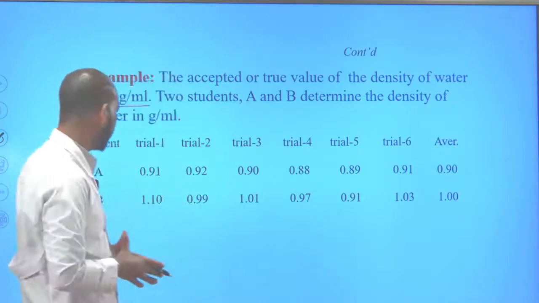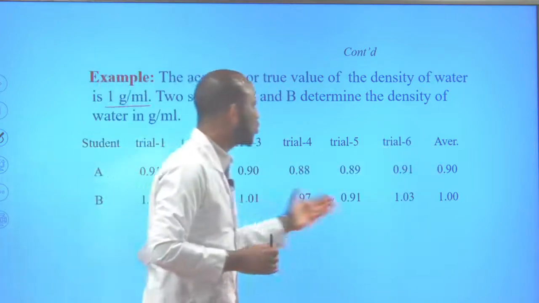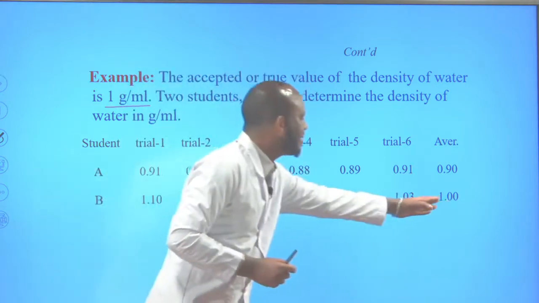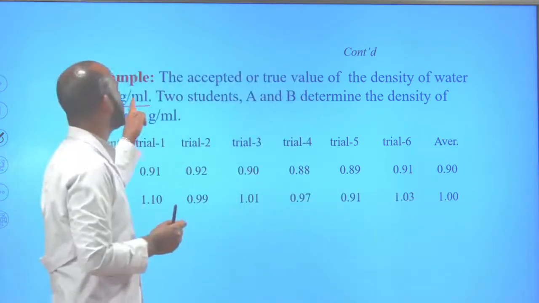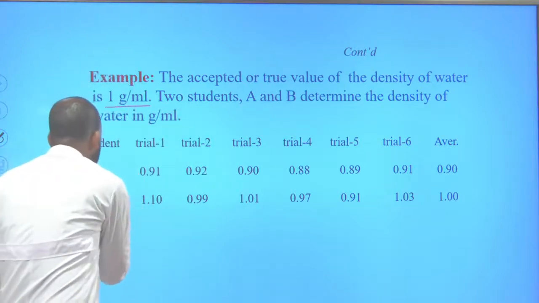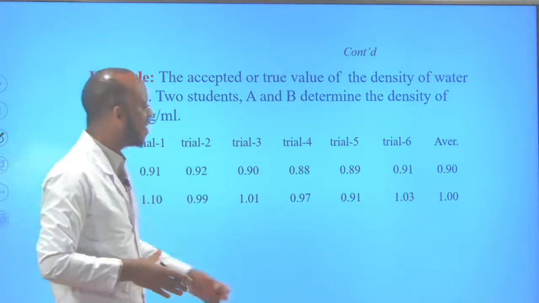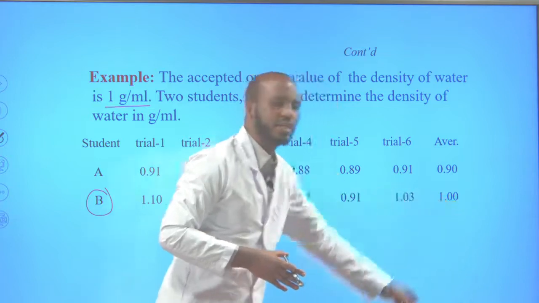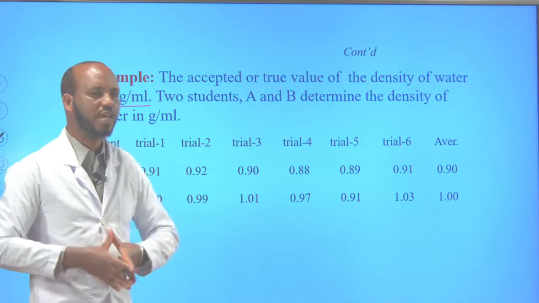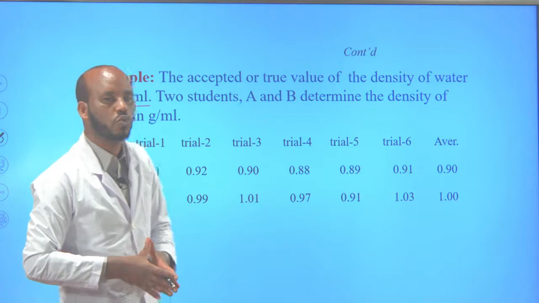Good. The average value of measurements or data of student B is 1. Now this coincides with the true value, the accepted value. Therefore, student B made an accurate measurement. You see, the average value, which is 1 gram per milliliter, coincides with the true value. As we said, accuracy is the extent to which a measured value coincides with a true value.